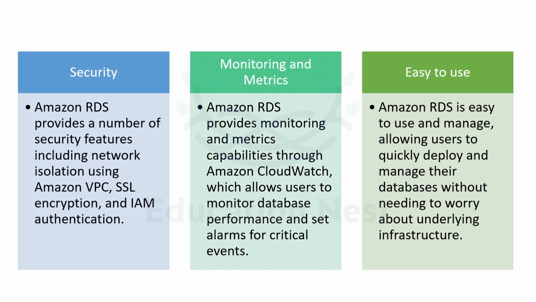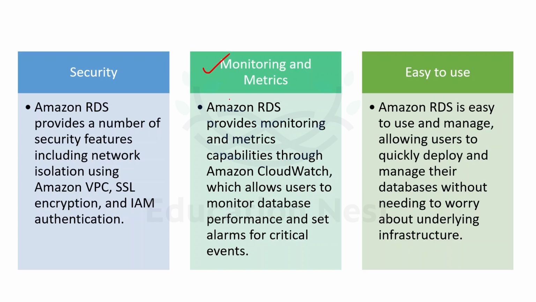Apart from that, it provides us with monitoring and metrics. RDS provides monitoring and metrics capabilities through Amazon CloudWatch, which allows users to monitor database performance and set alarms for critical events.